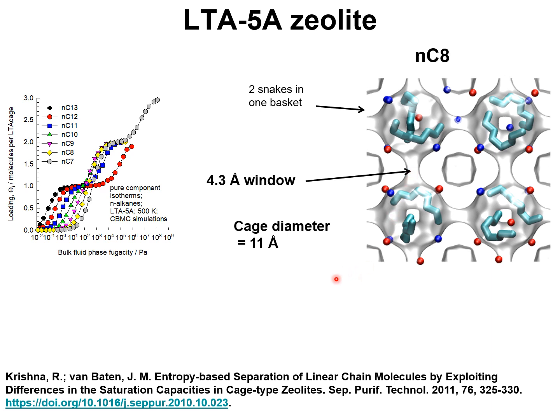If we look at the adsorption isotherms for normal C8 alkane, we see that the saturation loading is 2 molecules per cage, and indeed we see 2 NC8 molecules can be located within a single LTA cage.